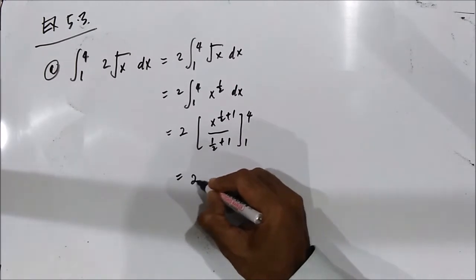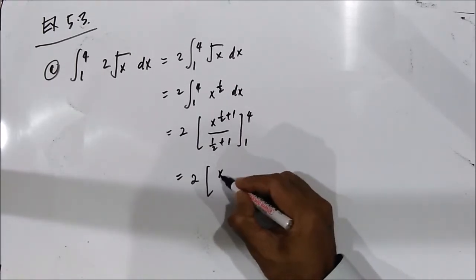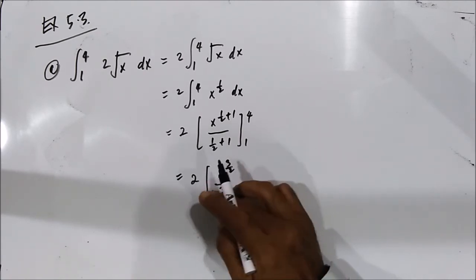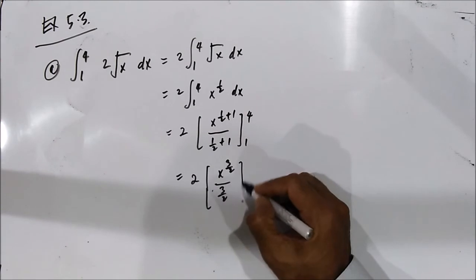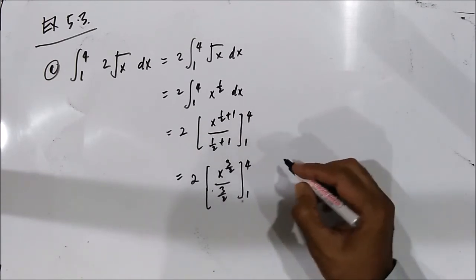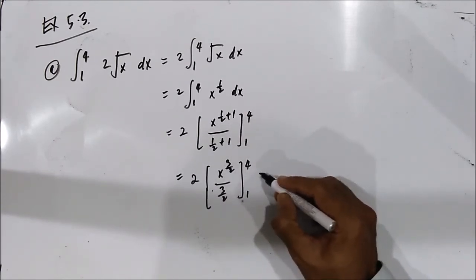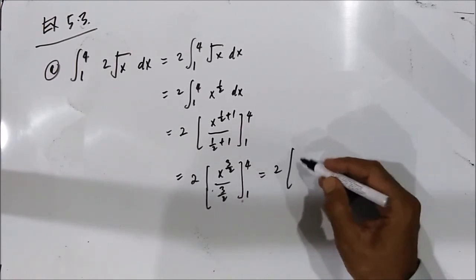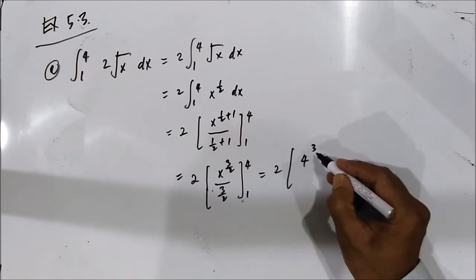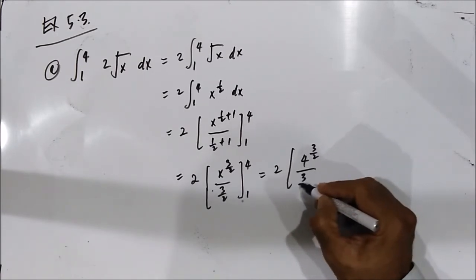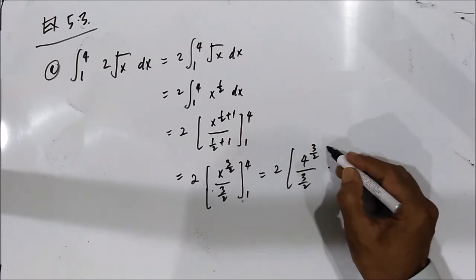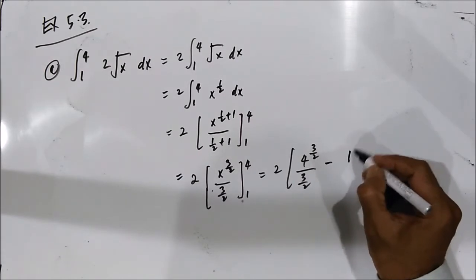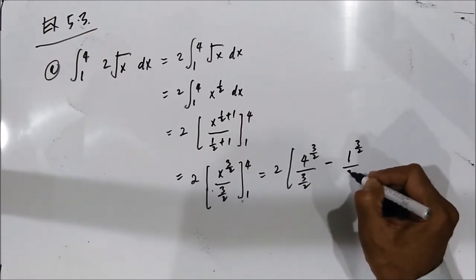So we get here 2 times x raised to 3 over 2 over 3 over 2. Then substitute for 1 and 4. So first we substitute 4: 4 raised to 3 over 2 over 3 over 2. Then minus 1 raised to 3 over 2 over 3 over 2.